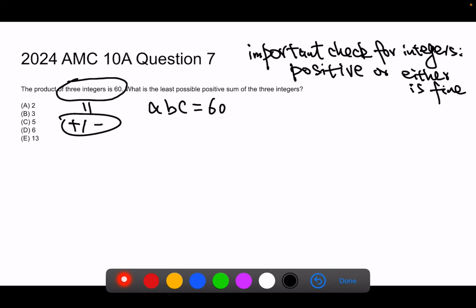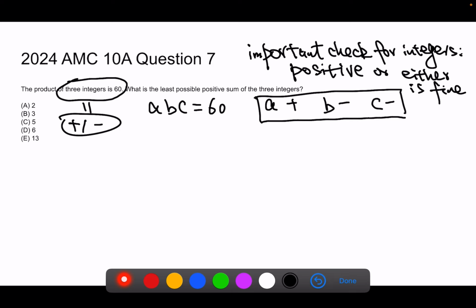To make the sum small, you need some negative numbers. And for the product to still be positive 60, you need A positive, B negative, and C negative. The reason is that you want the sum to be small, and a negative number helps reduce the sum.